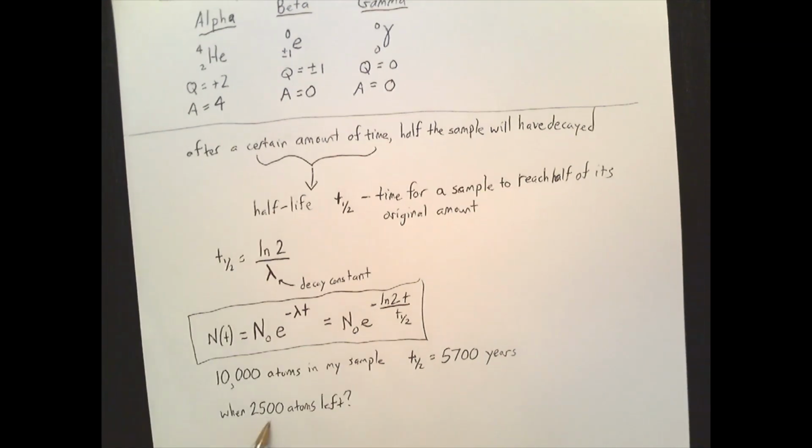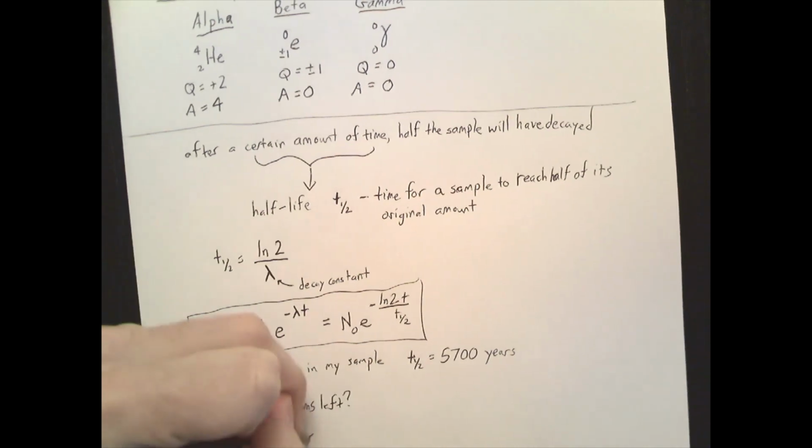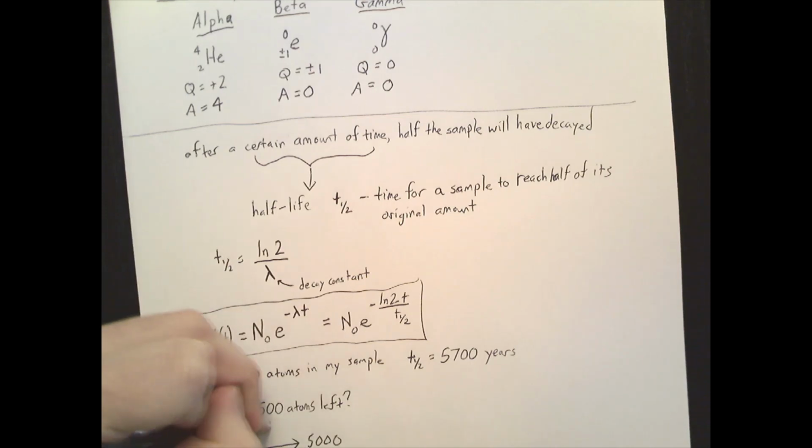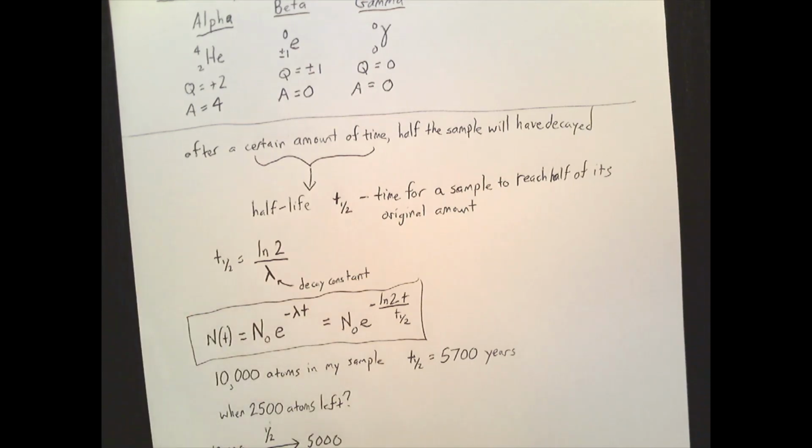well, that's a quarter of what I started with. So I end up with a quarter after, so after one half-life, I get half of what I started with. So that's one half-life passed.